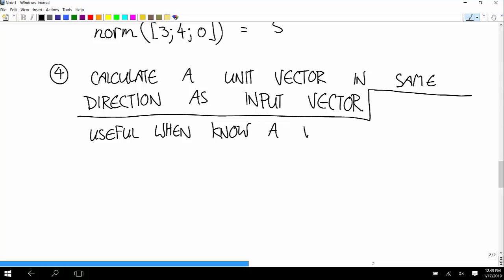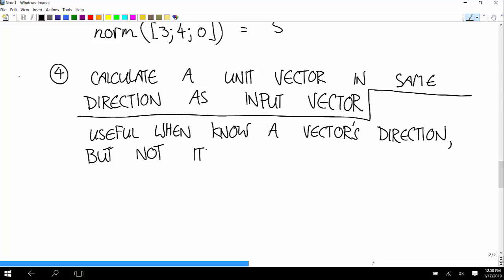So it's useful when you know a vector's direction, but not its magnitude. I almost put an apostrophe there.